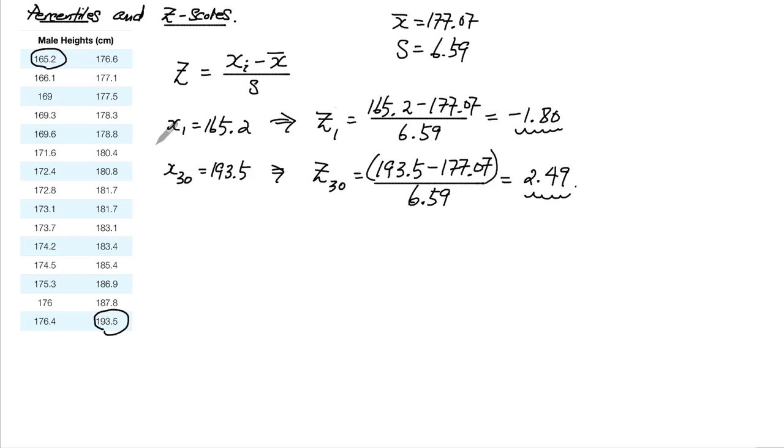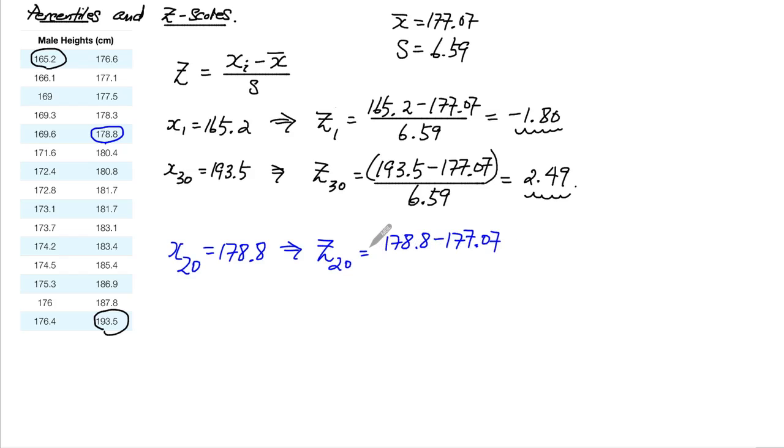Now let's take a look at someone who is closer to the mean. The 20th person, his height is 178.8 centimeters, and his z-score, z20, will be 178.8 minus 177.07.